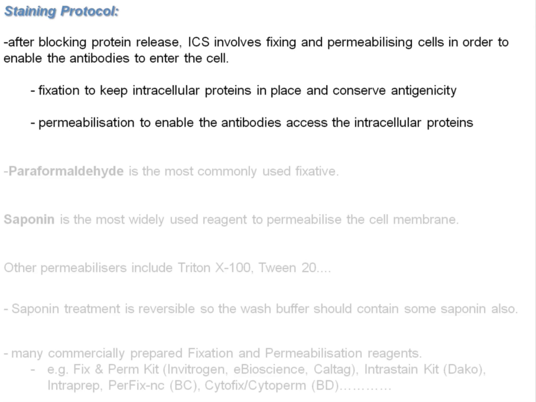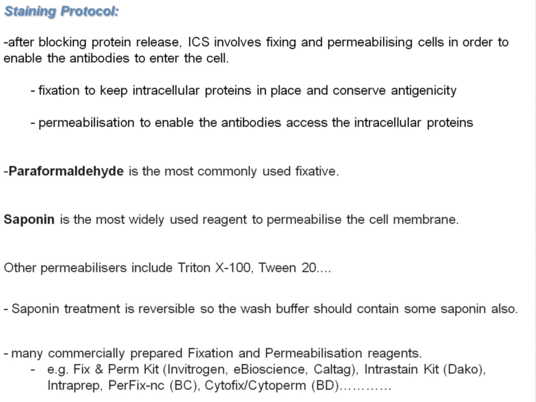And then we also want to permeabilize the cell membrane, so that in a normal healthy cell, the cell membrane is impermeable to these conjugated antibodies. So we need to permeabilize that membrane so that we can get the antibodies entering through the membrane. Paraformaldehyde is essentially the principal, probably the most widely used fixative.